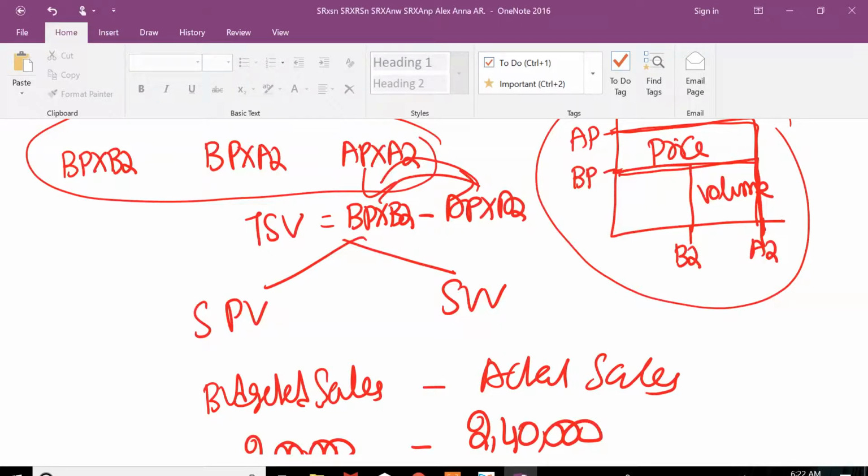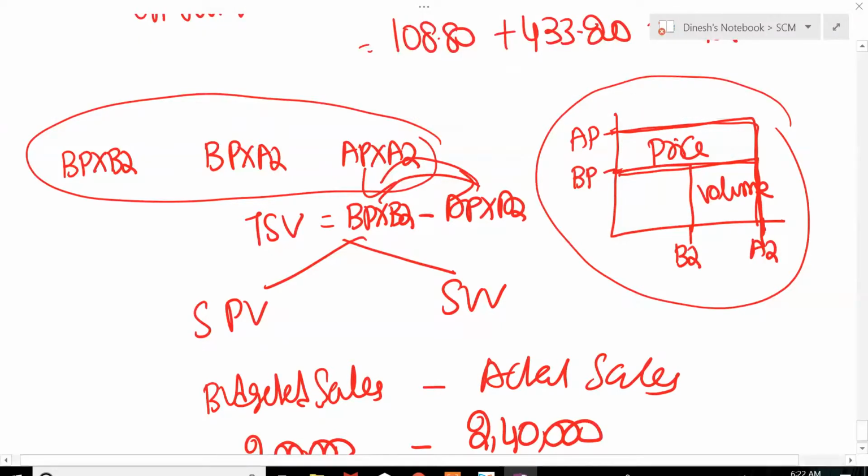This will be for single FG. BP into BQ, BP into AQ, AP into AQ is the computation table. The formula comes from the chart. The chart will guide you to the formula.